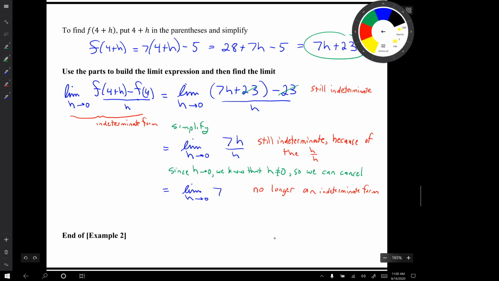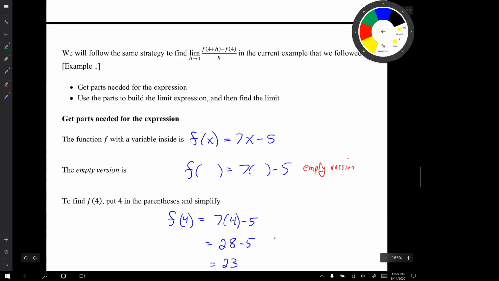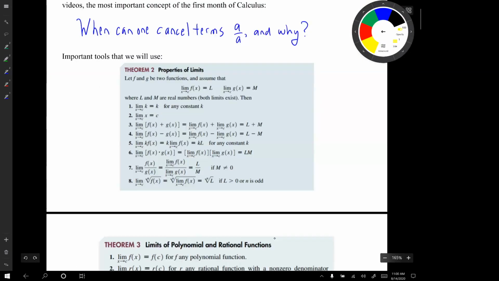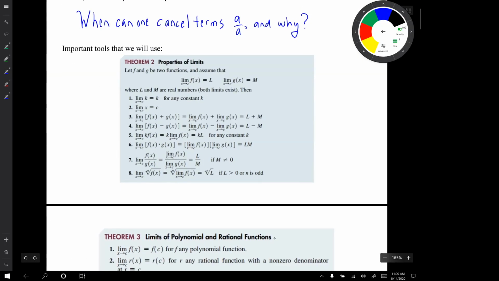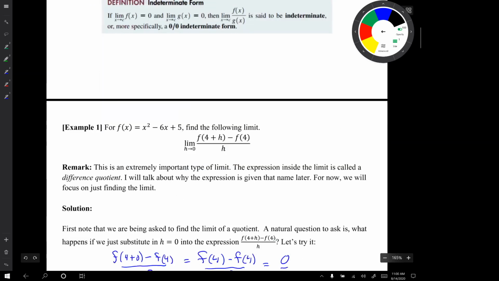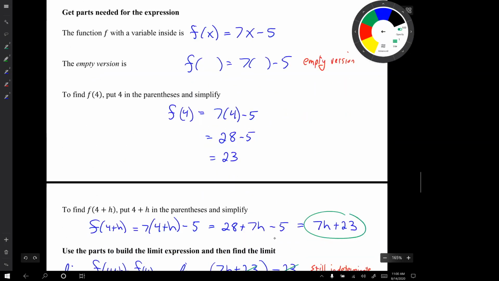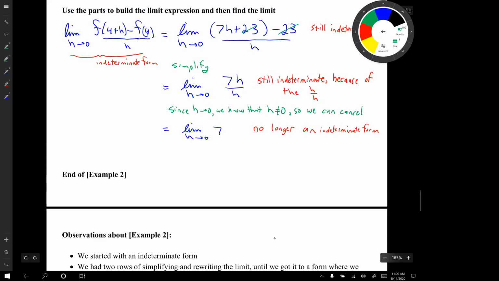Now, remember how to find the limit of a constant. We have a theorem, theorem 2.1, that says the limit of a constant is just the constant. So I can come down to our limit, and I can replace this whole limit expression with just the number 7. Let's make observations about what we did in this calculation.